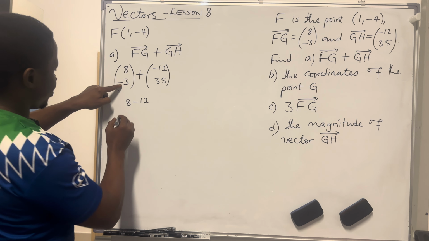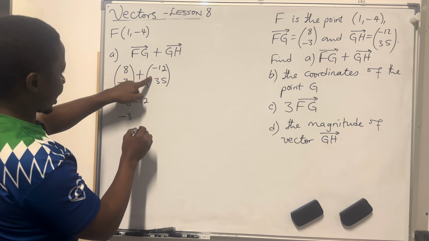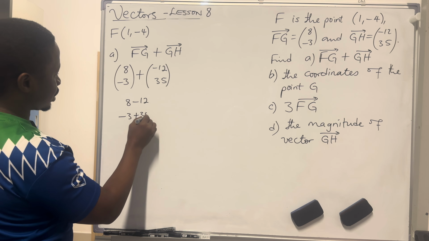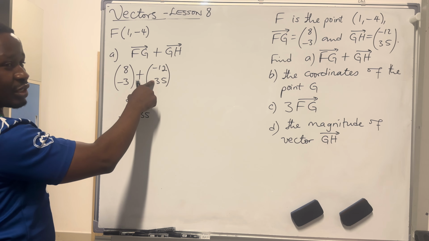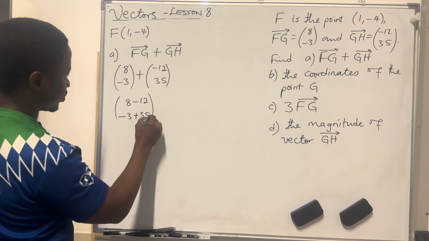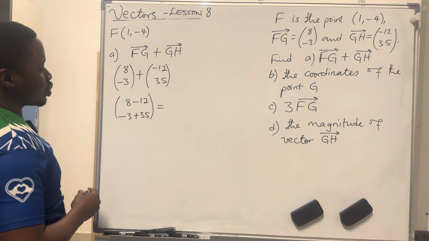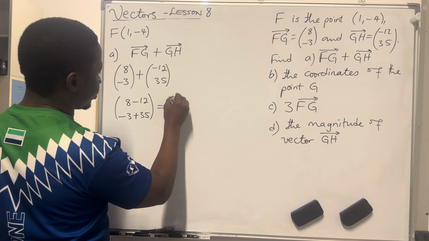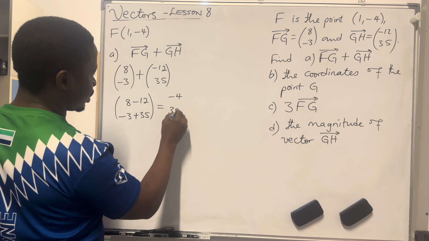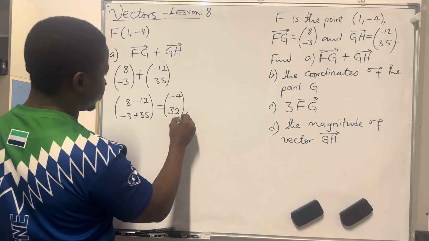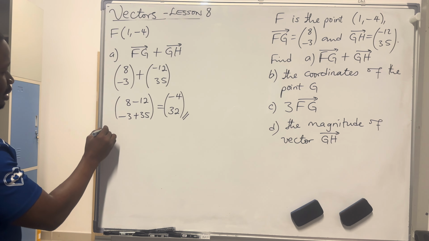Down here we have minus 3 plus times plus is plus 35. This sign is for both the one at the top and this one here. So 8 minus 12 is minus 4. Minus 3 plus 35 is 32. So this is the first one.